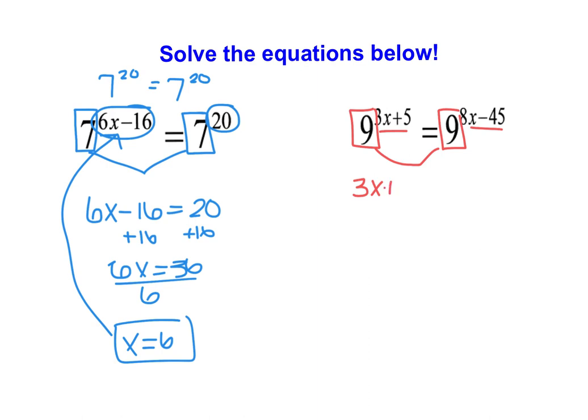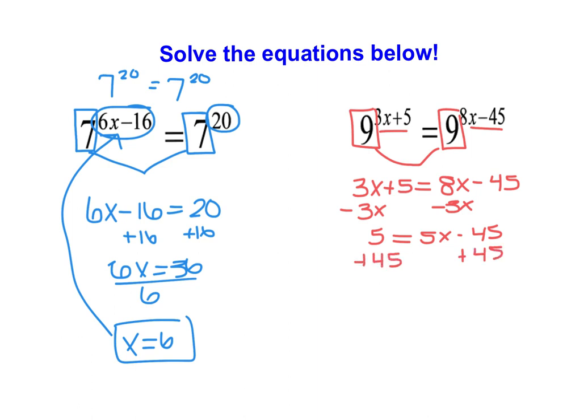So I have 3x plus 5 is equal to 8x minus 45. I start by getting all of my x's together on the same side. So I have 5 is equal to 5x minus 45. Now I can add the 45 over, so we have 50 is equal to 5x.